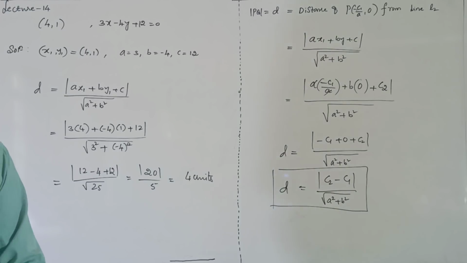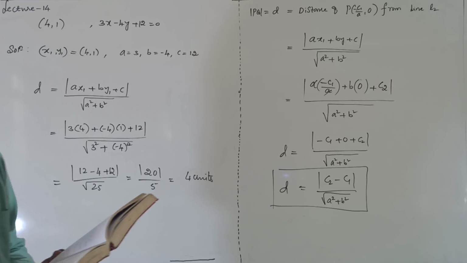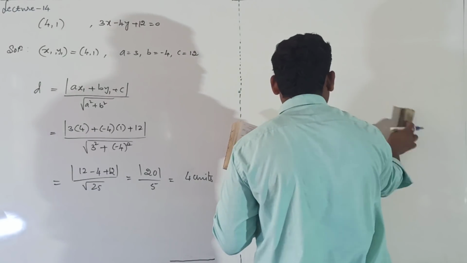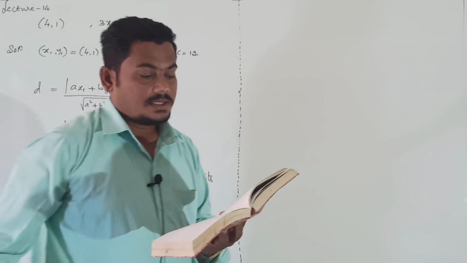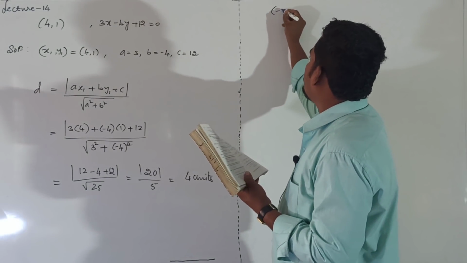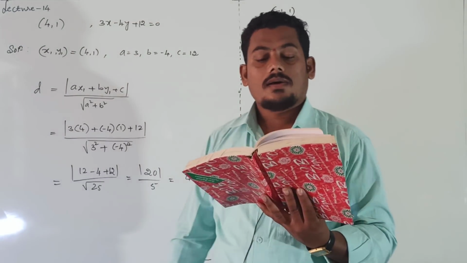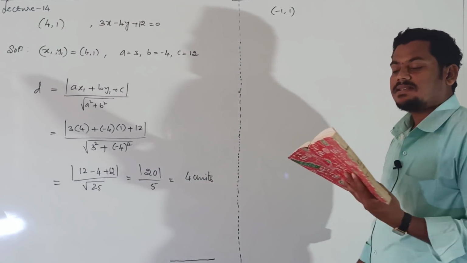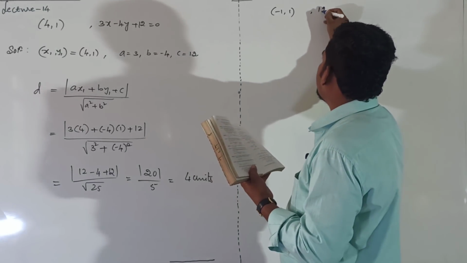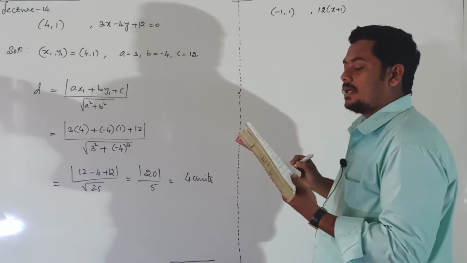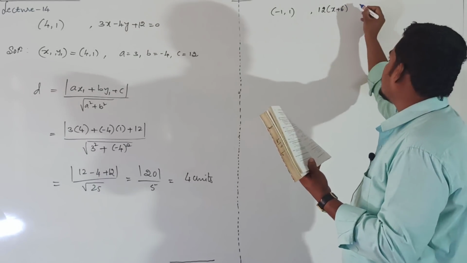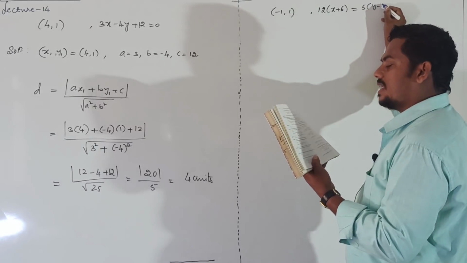Next, take the next question. Next question, find the distance of the point minus 1 comma 1 from the line 12 into x plus 6, that's equal to 5 into y minus 2.